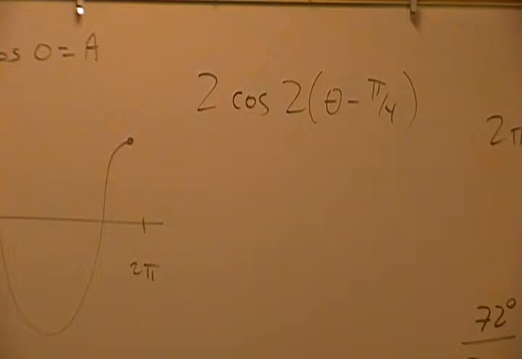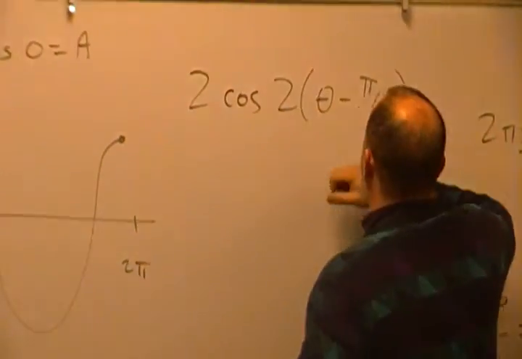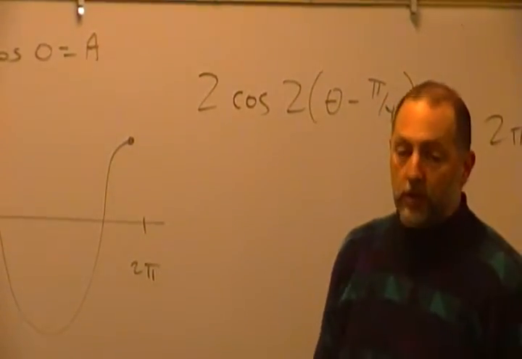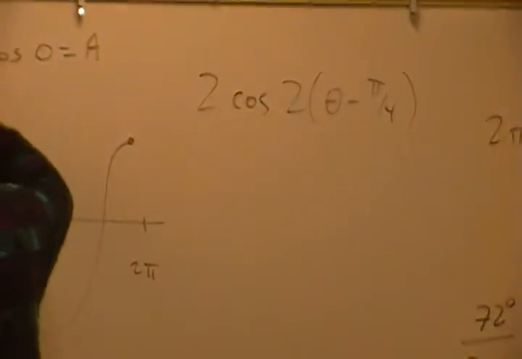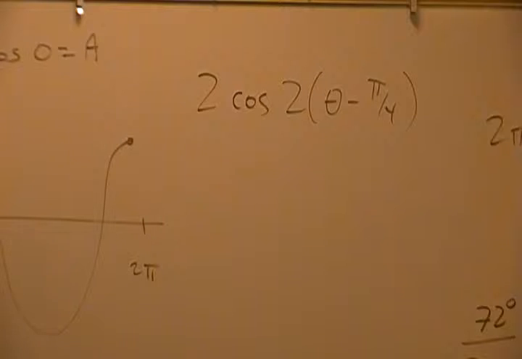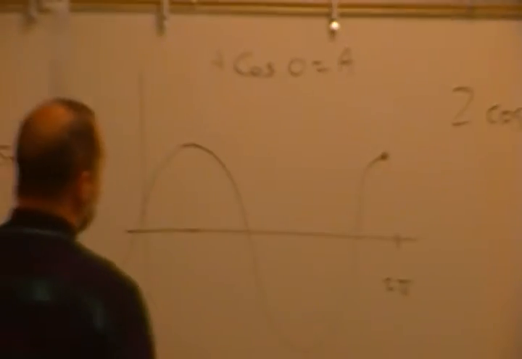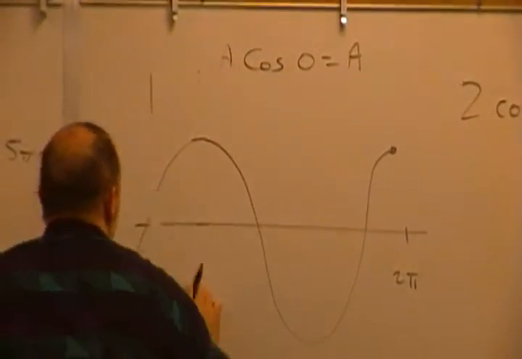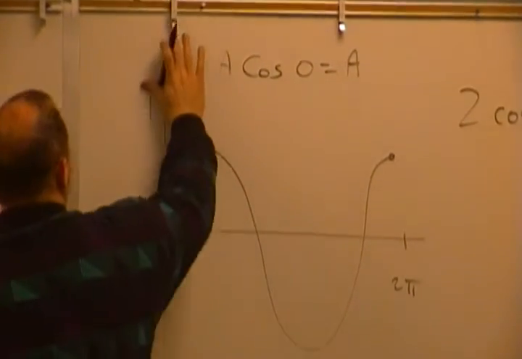It's going to shift it to the right, pi over 4. First of all, it's going to take this wave and pull it over to the right by pi over 4 units. So if it goes this way, that means this axis is over here now, right there.